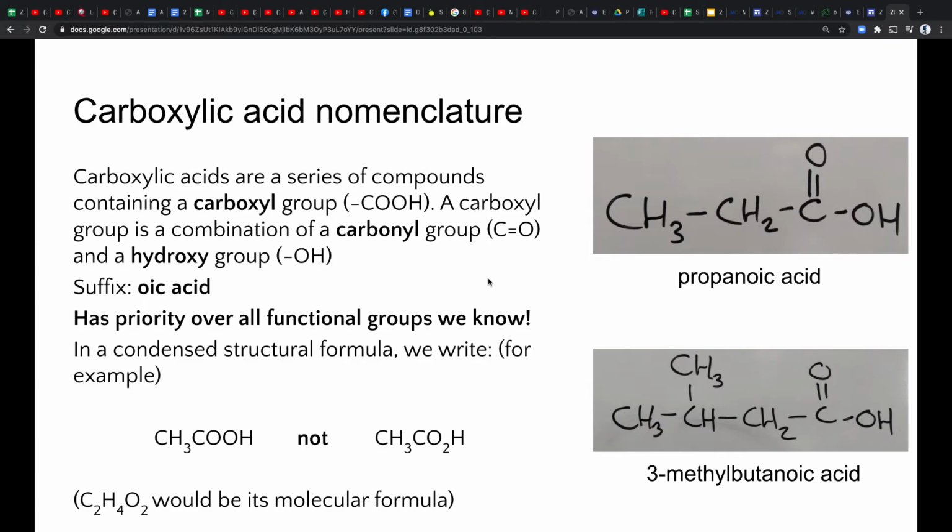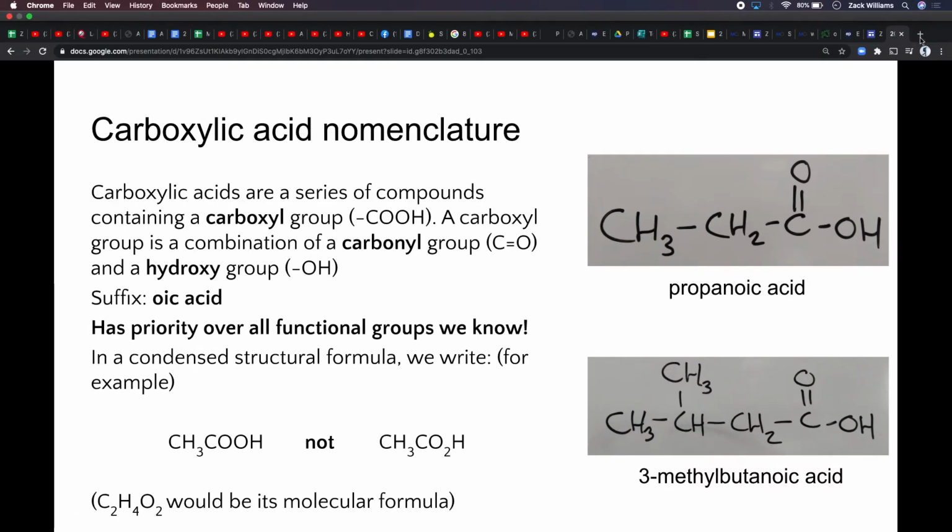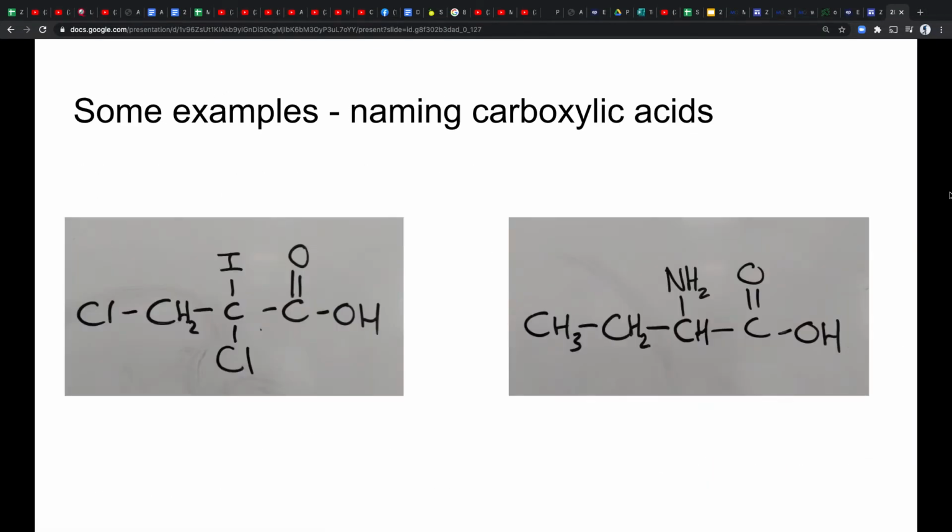So let's go over 2 examples, and you'll propose the name. Cool. Here are the examples.